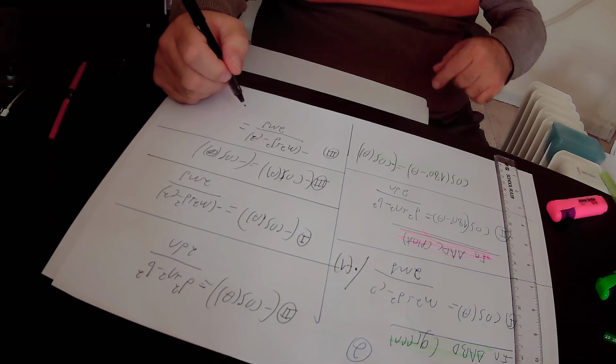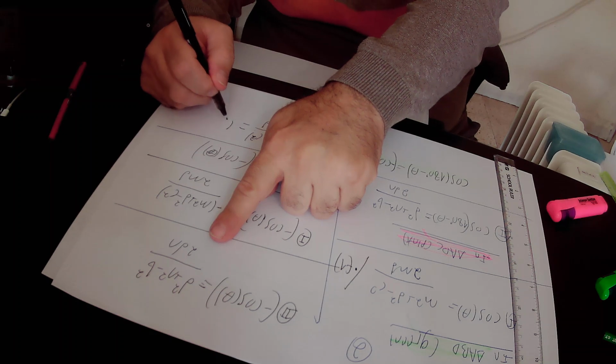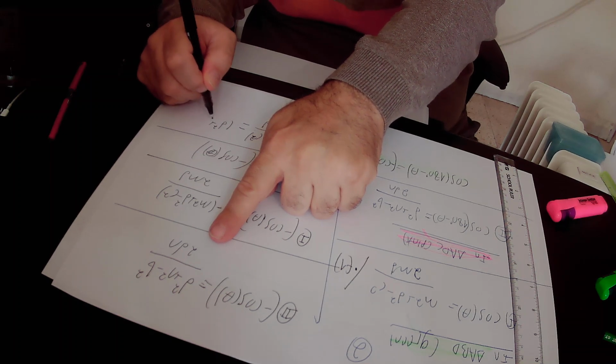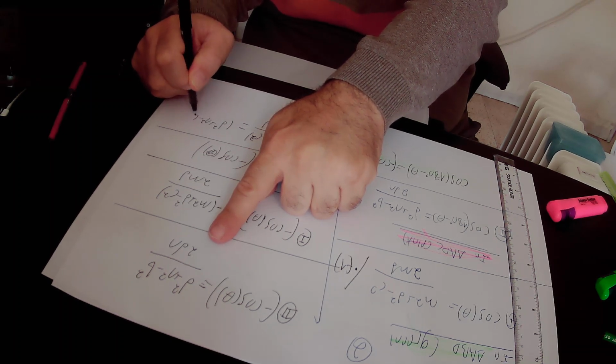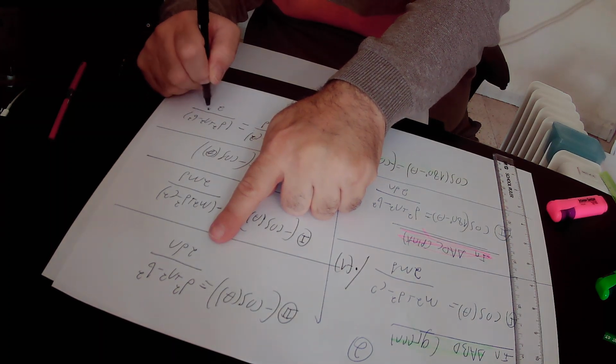And minus cosine theta according to equation number 2 equals d squared plus n squared minus b squared over 2 times dn.